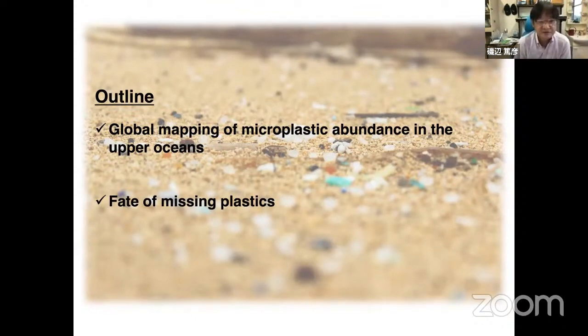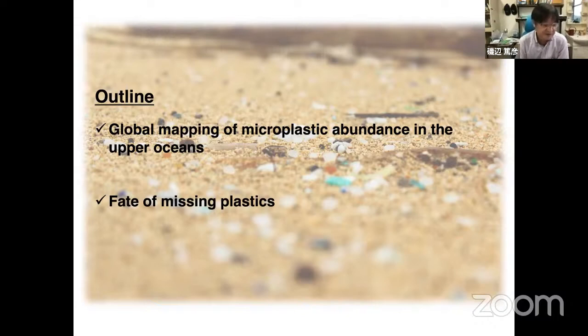One is the global mapping of microplastic abundance in the upper oceans. This is based on the microplastic observations in the ocean to date by many researchers over the world oceans. So I try to make a 2-dimensional mapping, which means mapping the microplastic abundance in the uppermost layer of the ocean. And the second topic is the fate of missing plastics.